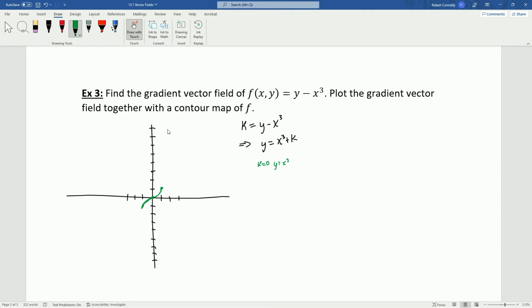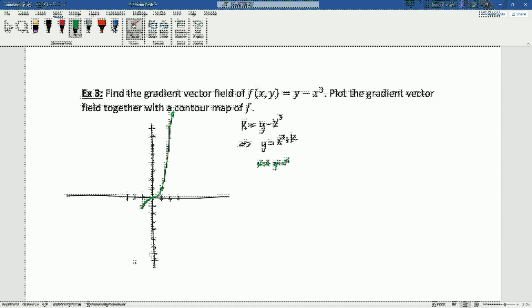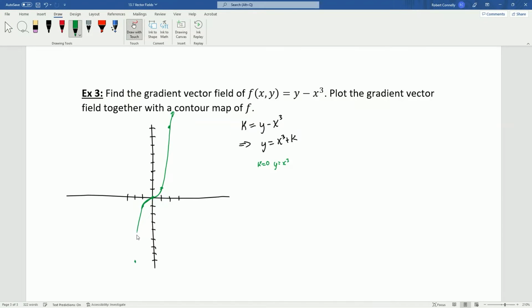And then at 2, we'd be all the way up at 8. Well, my picture's not perfect, but hopefully it's close enough. So this is what we get when k equals 0.